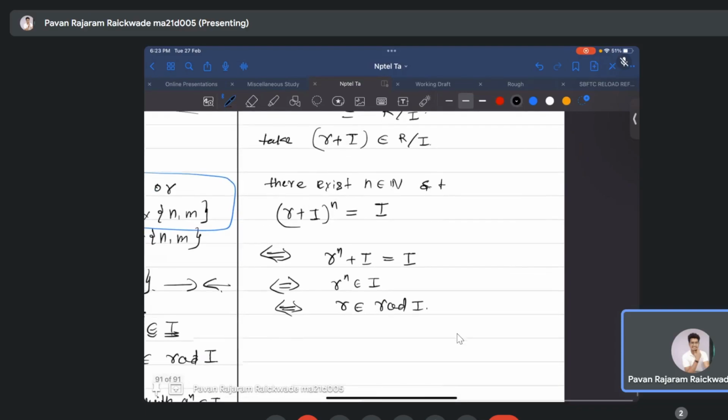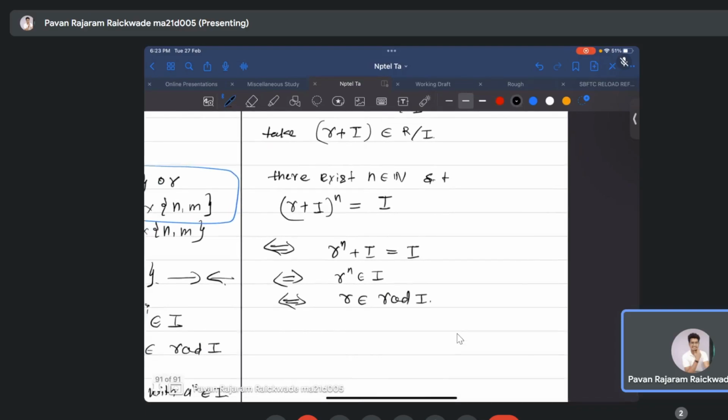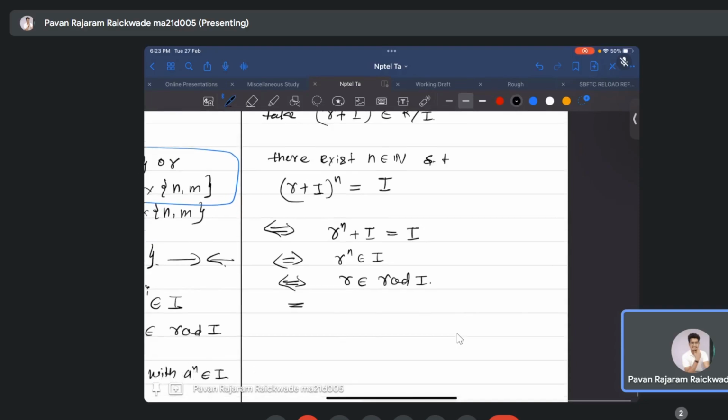Correct? So every nilpotent element: if r + I is a nilpotent element, then r belongs to rad I. So what does this mean? This implies r + I belongs to rad I quotient I. That's all.